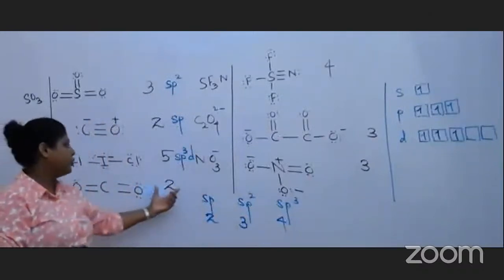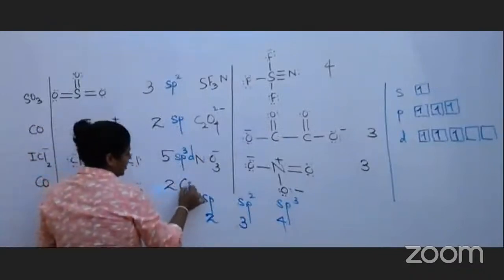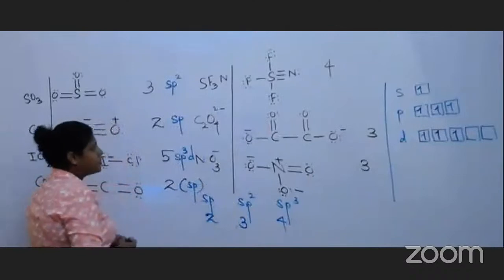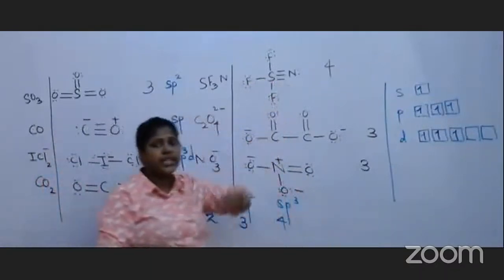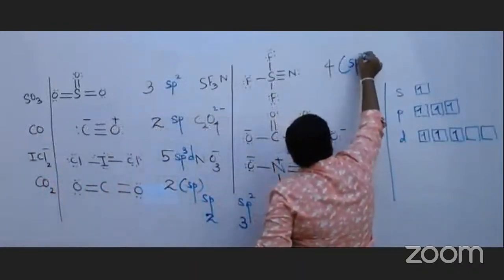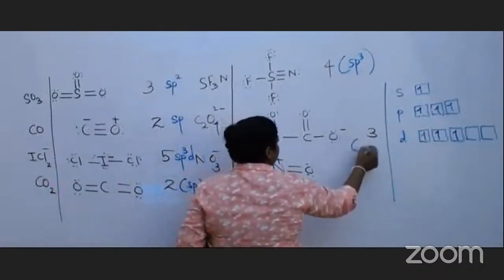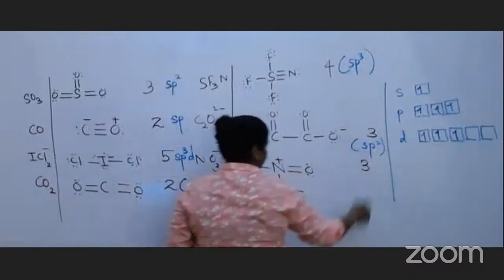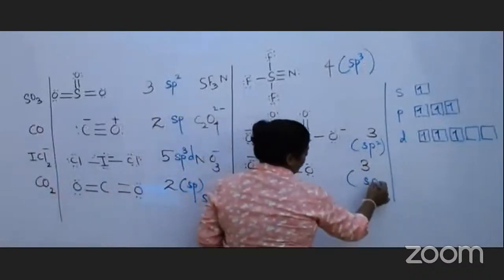Now you know for 2 VSEPRs, the hybridization is sp. Here, the central atom has only 4 VSEPRs, therefore sp3. Around this carbon atom, 3 VSEPRs, therefore sp2. Around this nitrogen atom, 3 VSEPRs, therefore sp2.